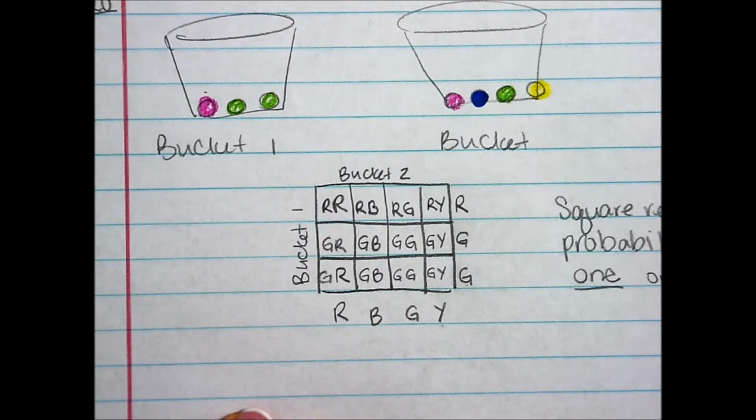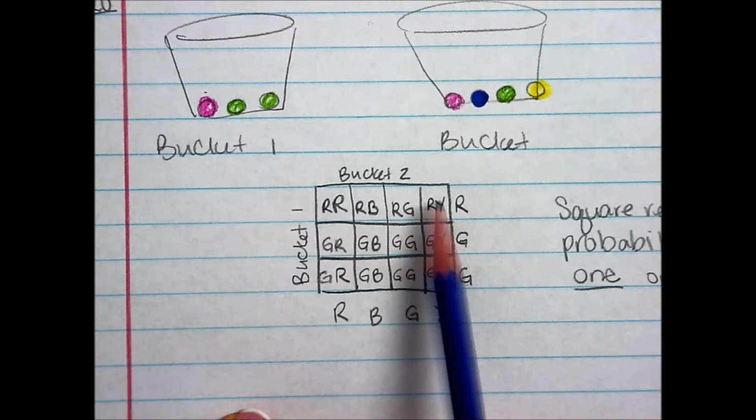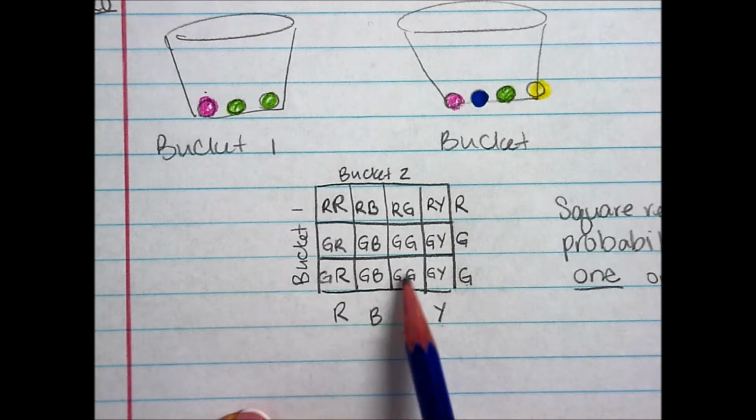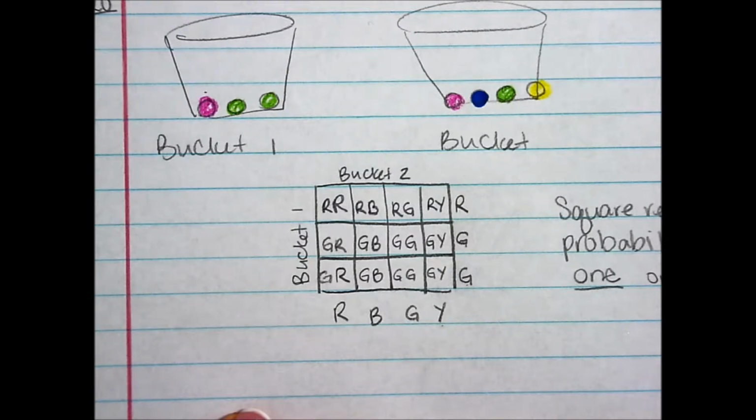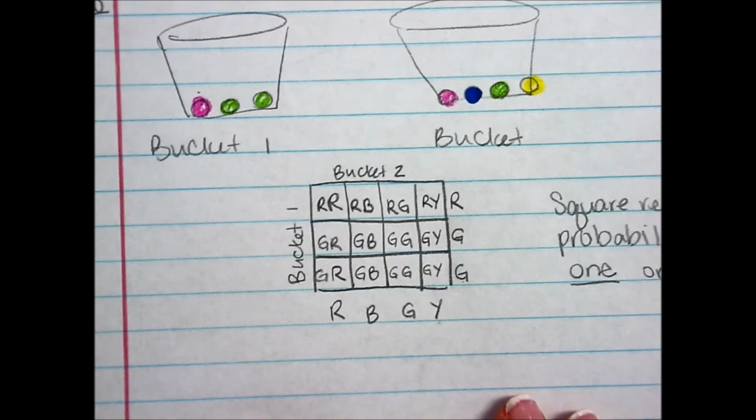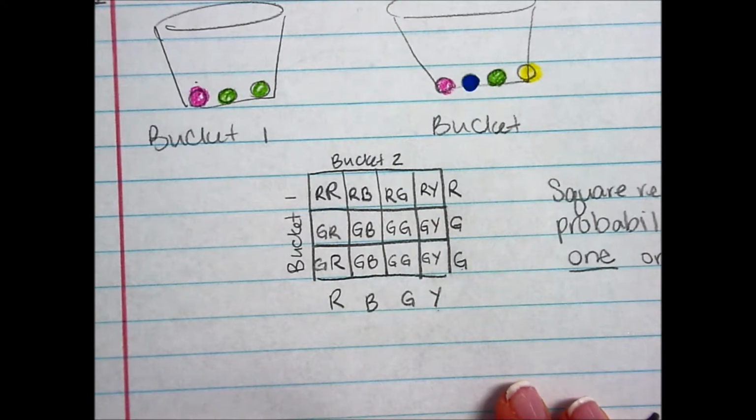So, how many total possible outcomes do we have? 12 total possible outcomes. So if I'm finding the probability, it'll be out of 12.